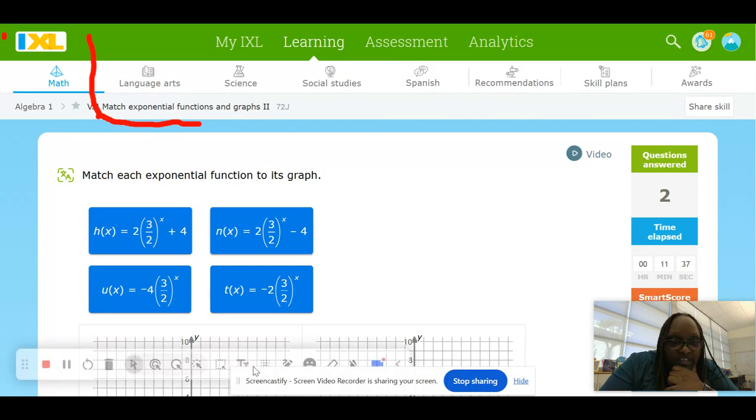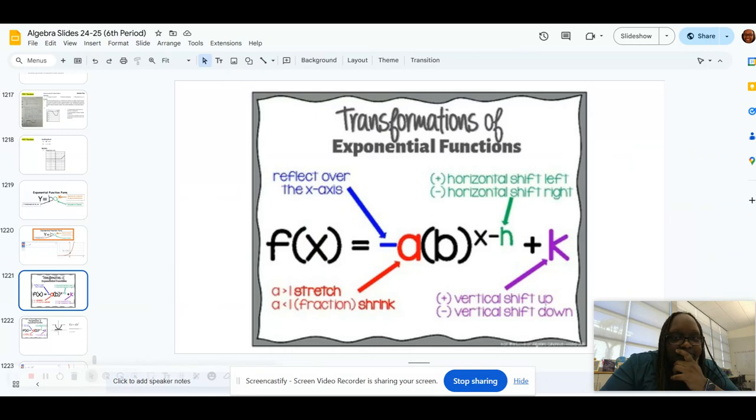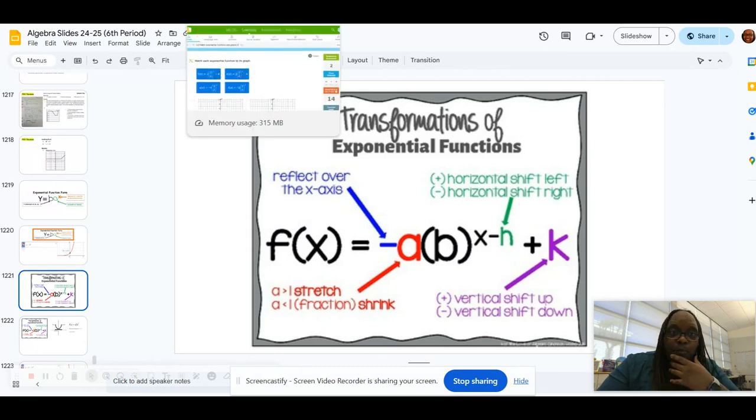Now, this is a different problem. This is doing some extra stuff. So now let's look at our notes here. So what does this say? Vertical shift up, vertical shift down. Okay, so that doesn't change the y-intercept, but it changes where the graph is going, the asymptote.